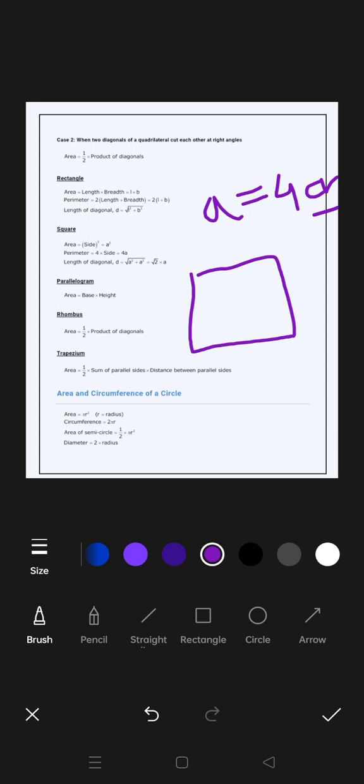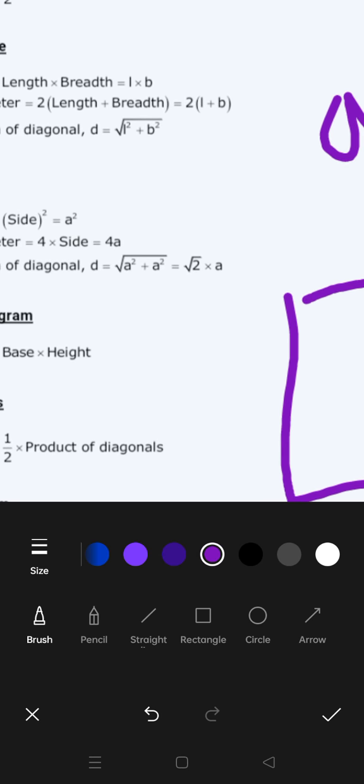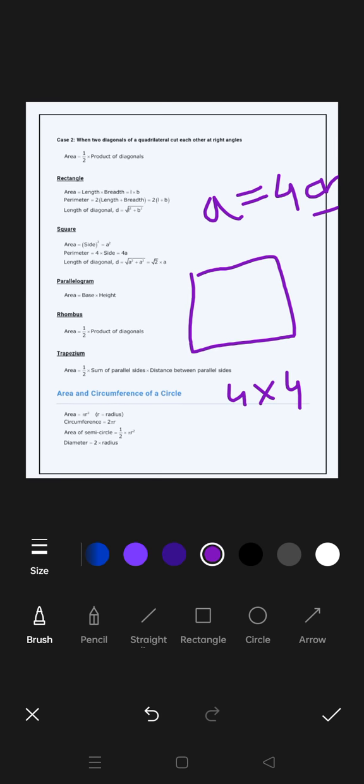Now the formula is 4a, so we multiply 4 by the side, 4 times 4, and the answer will be 16 cm.